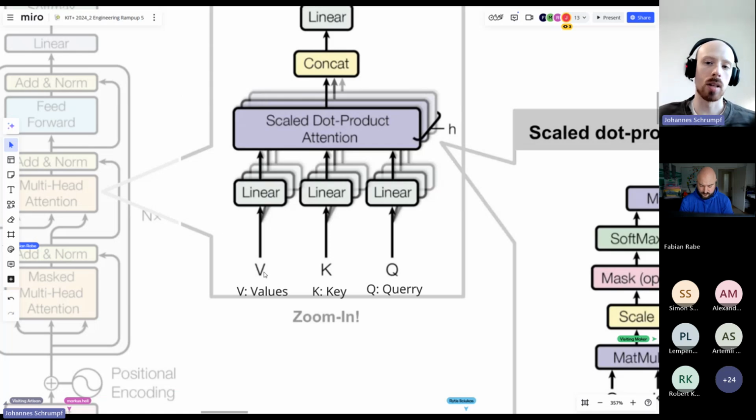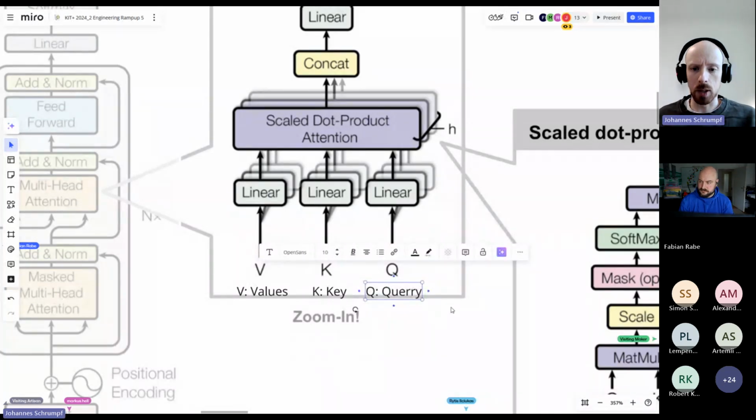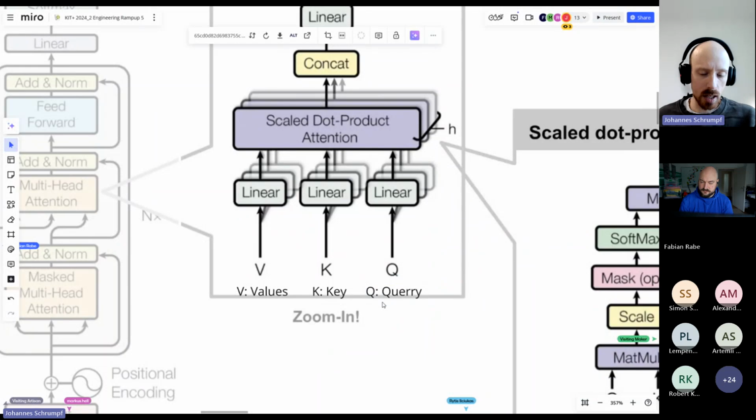They thought about the transformer layer, or the scaled dot product attention block, to be something like a lookup operation, where you get a query, a request, and this query gets translated into a key lookup and the value lookup. The value is basically what you retrieve, right? And the key is like the query translated into some operation.